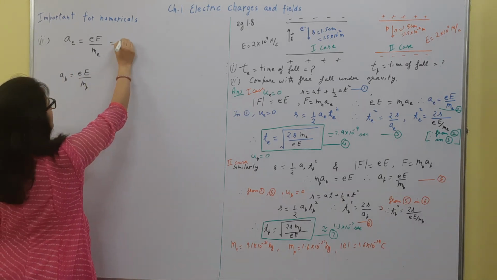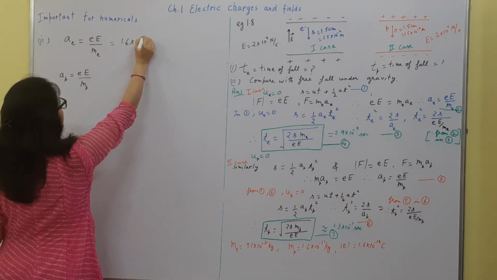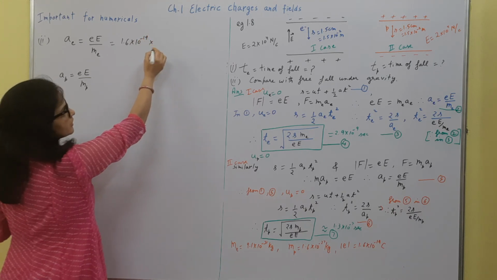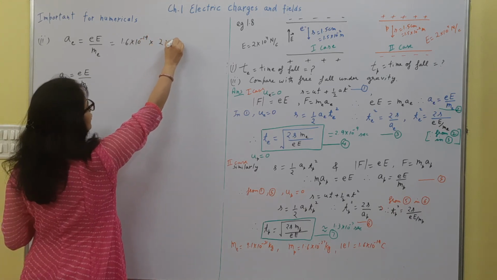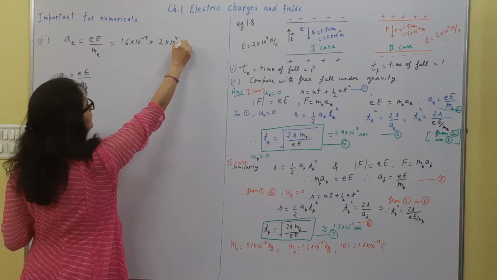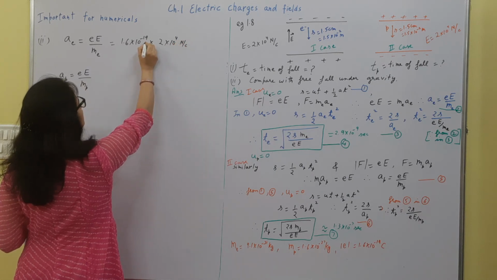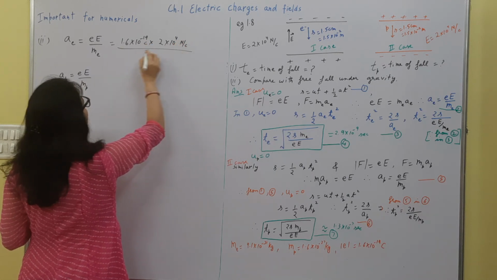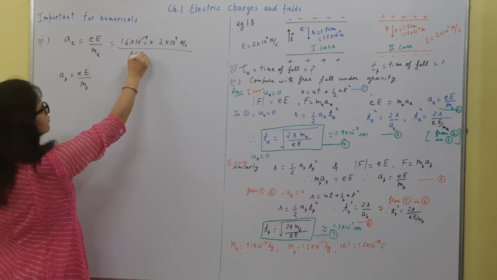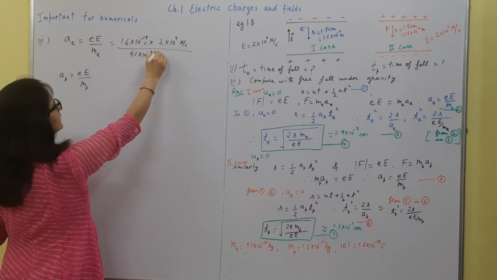Let's put in 1.6 into 10 to the power minus 19 into the electric field, 2 into 10 to the power 4 Newton per coulomb, and the mass of electron is 9.1 into 10 to the power minus 31 kg.